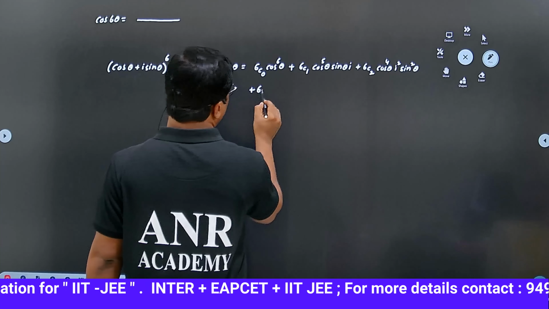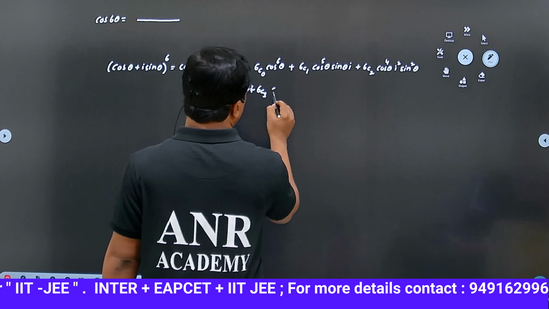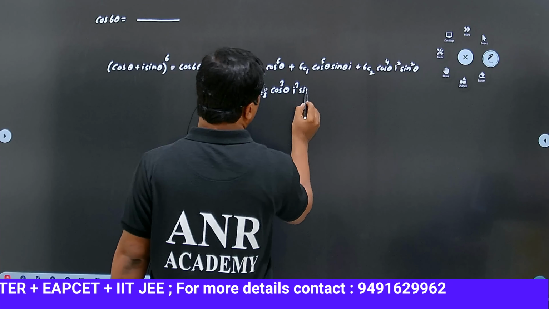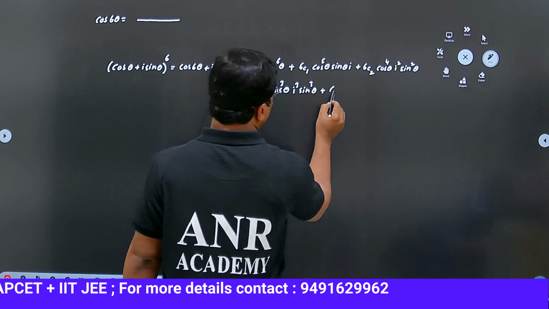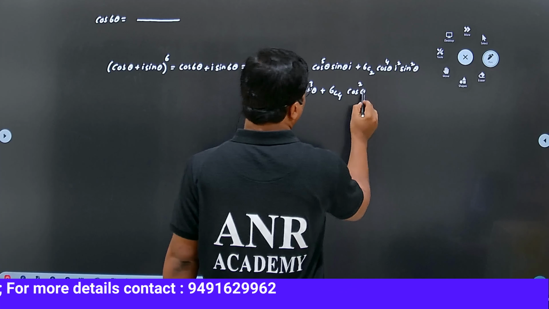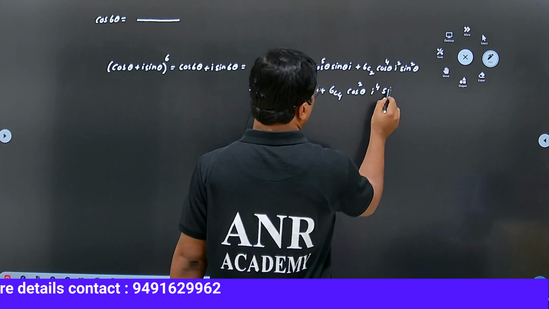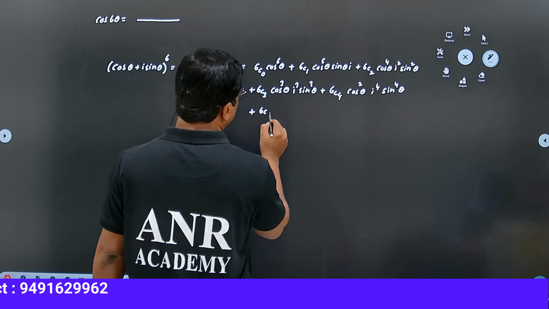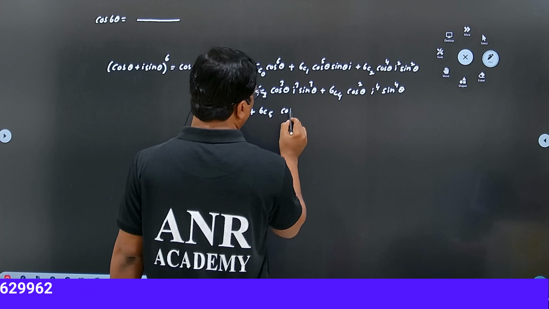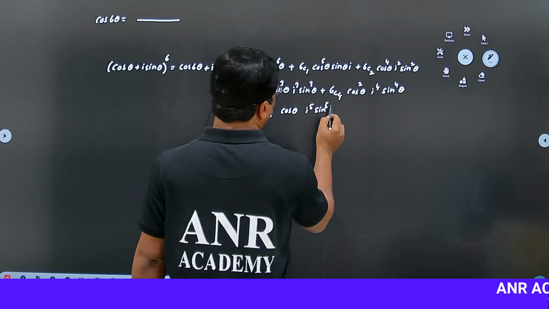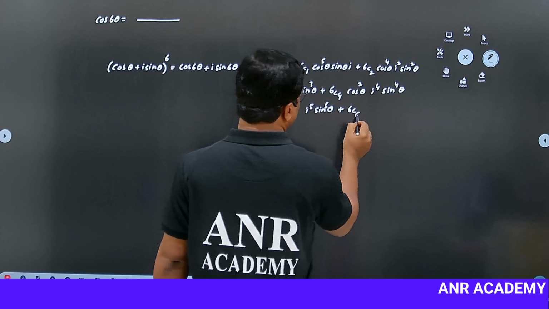Next term 6C3 cos^3 theta i^3 sin^3 theta. Next 6C4 cos^2 theta i^4 sin^4 theta plus 6C5 cos theta i^5 sin^5 theta plus 6C6.